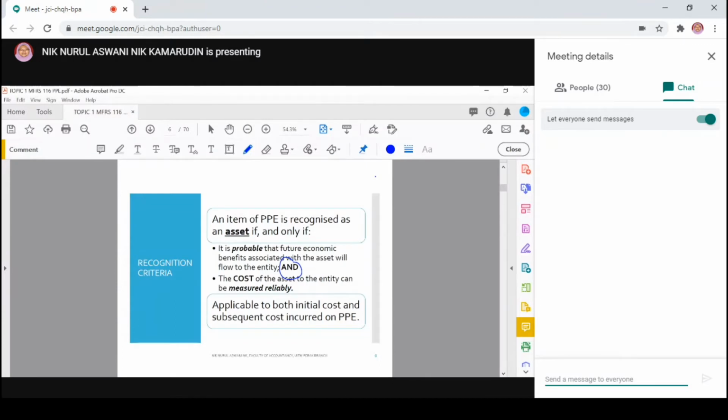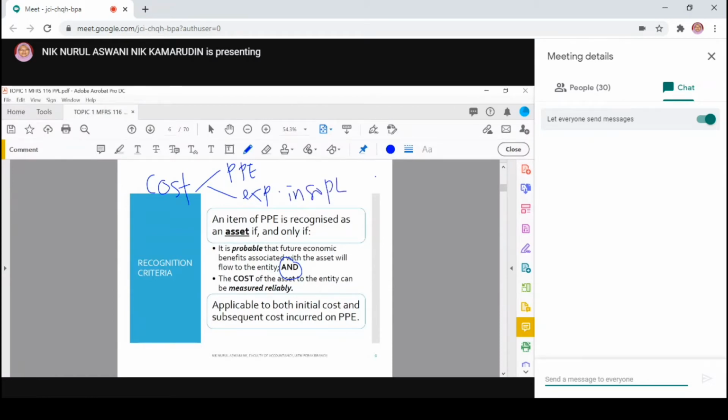This recognition criteria is applicable to both the initial cost and the subsequent cost incurred on PPE. If you cannot capitalize the cost as PPE, then it will be written off as an expense in SOPER.